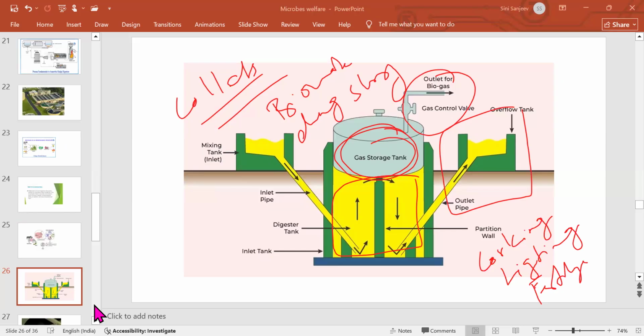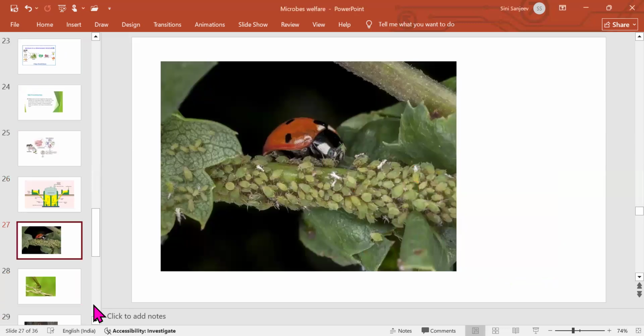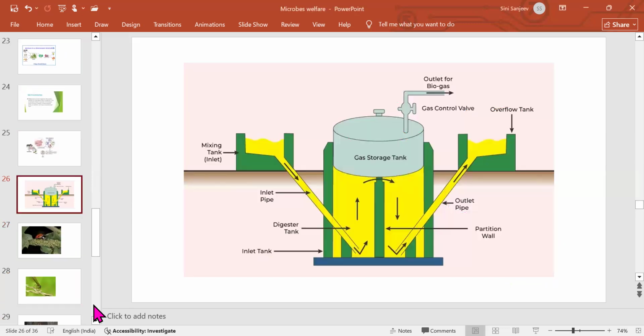Usually several organizations have also been developed to initiate this particular biogas as much as possible. Those organizations are IARI and KVIC.